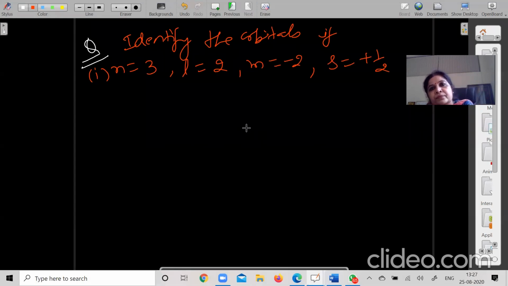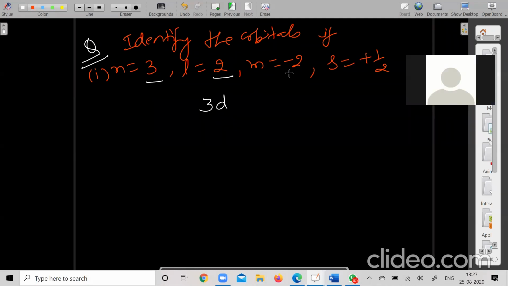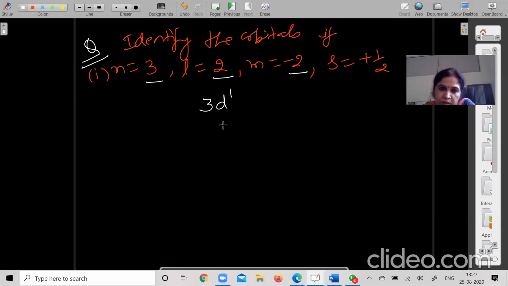Give the answer. 3d1. L is 2, that is a d orbital. M is only one value, so we are using one orbital and having one electron. So this is 3d1, correct.